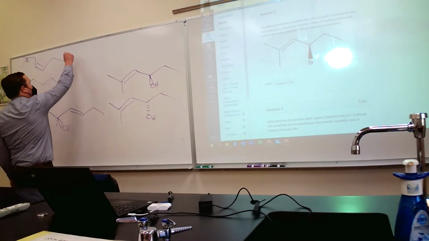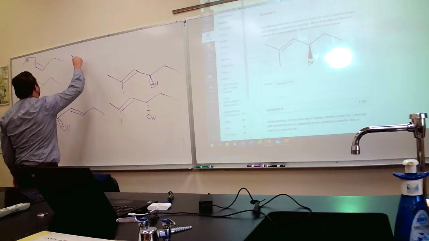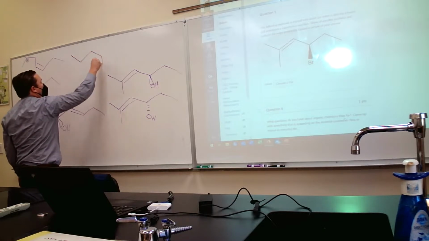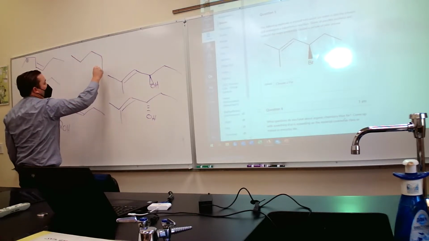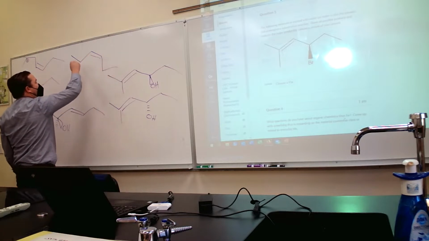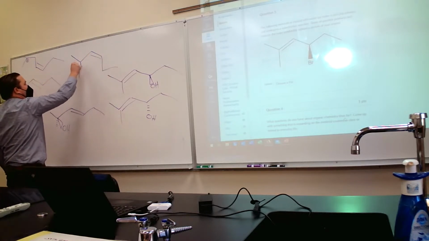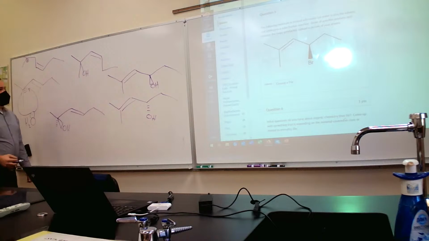But that means that we get, let's see if I can do this without running into anything else. Nope. We get this molecule as well. So total of 4 products again.